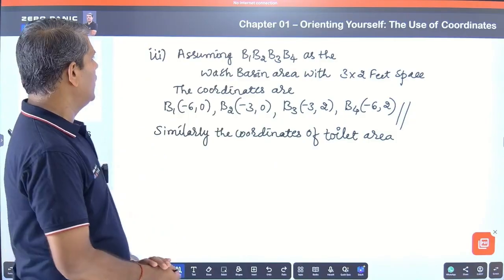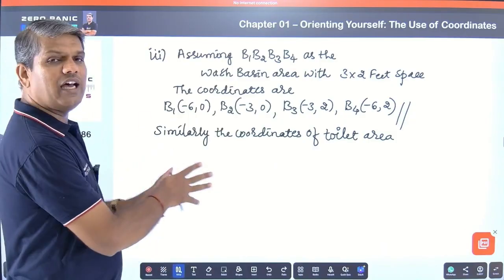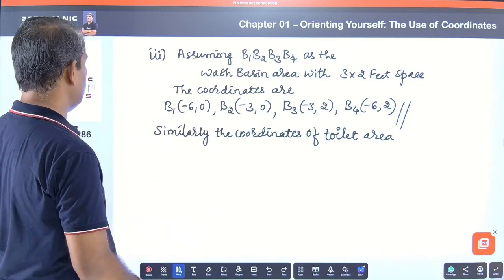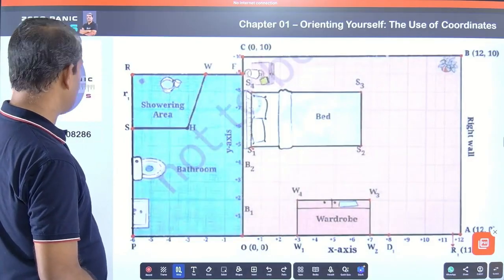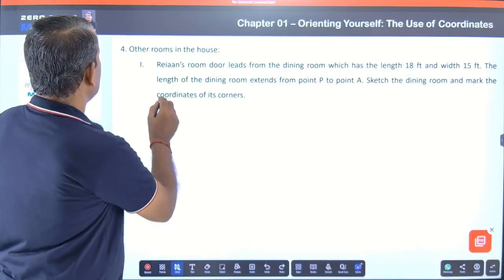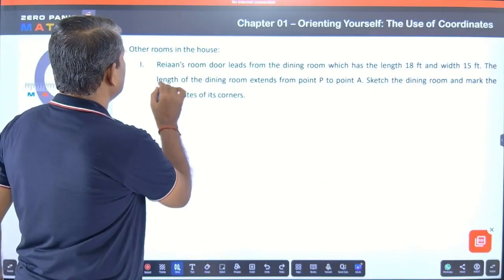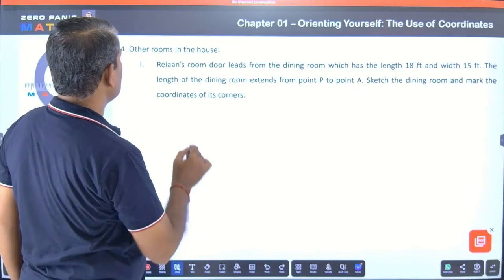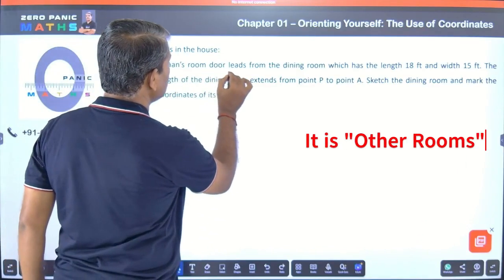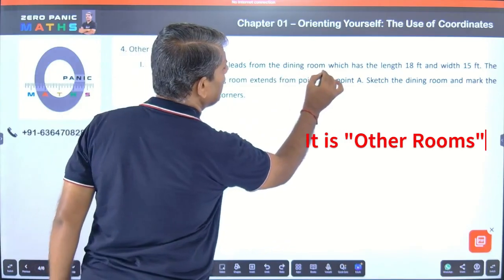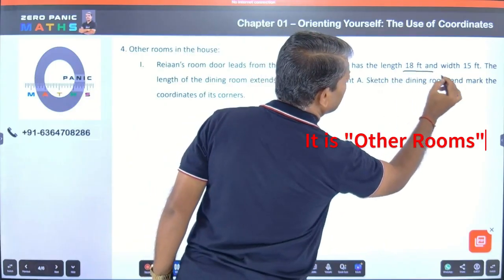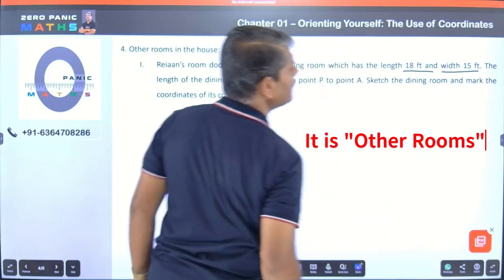Now this is the third part of the third question. Now let us see if there are any questions. The fourth problem discusses the other rooms in the house. It says Rian's room door leads from the dining room, which has a length of 18 feet and a width of 15 feet.